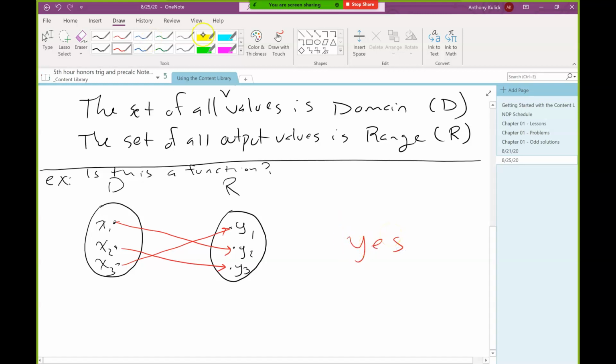The 2 things we look for are, first, to make sure everything got used in the domain. There are 3 x's in the domain, and each of them is being paired with something else. Then we check that each of these has only one arrow originating from it, right? That it can only go one place. It has to be used and used just once. So those are the 2 things we're really checking.